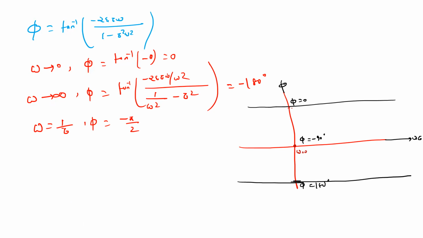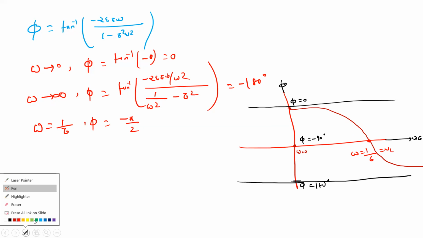Omega is 0, this one is 0. It will go to minus 90 and it will again go to this kind of thing. So this will look like this one. Asymptotically, this will go like that. And again, this will go like that, right? And the point at which your phi is minus 90 degree, that is called omega equal to 1 upon tau. And that is equal to omega c. Is it clear? Does anyone have any doubt?